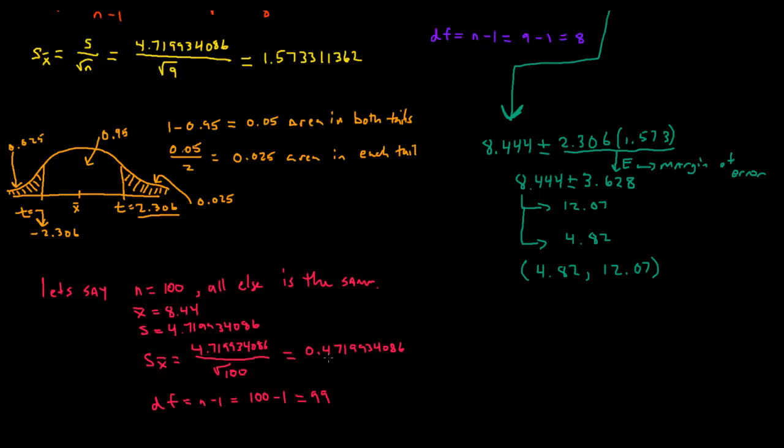And so using the last row, the area under the curve is still going to be 0.025, but let's see what the t-value is whenever we have a higher sample size. T, looking at the 0.025 column, is going to be 1.960.